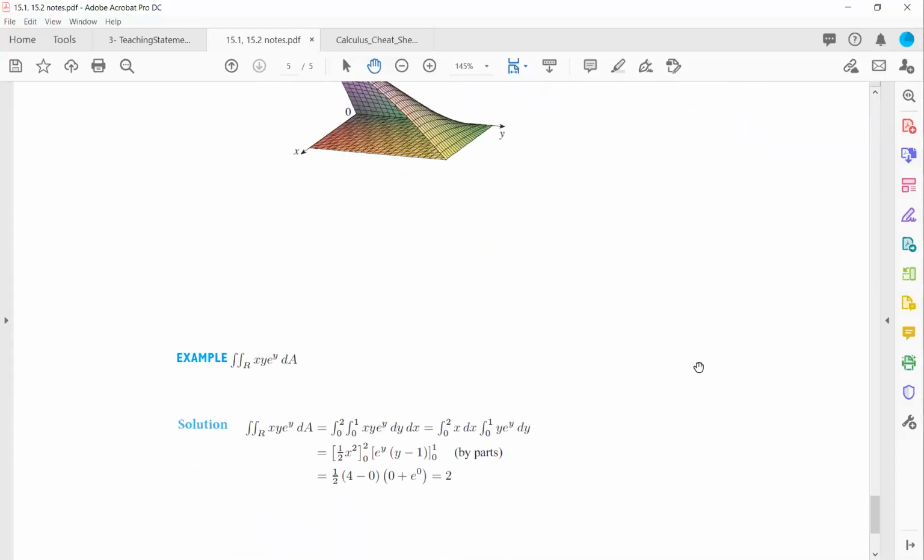One last example. Here you have the double integral of x y e to the y dA, and your R is the set of x and y such that x ranges between 0 to 2 and y ranges between 0 to 1.